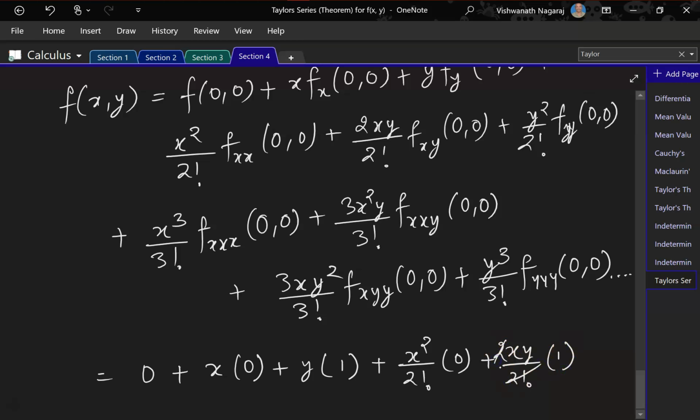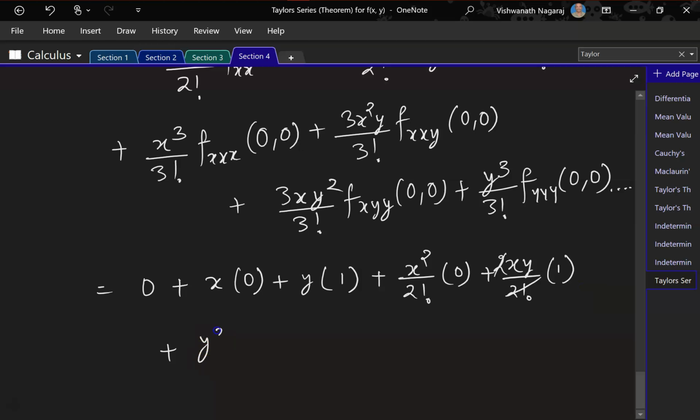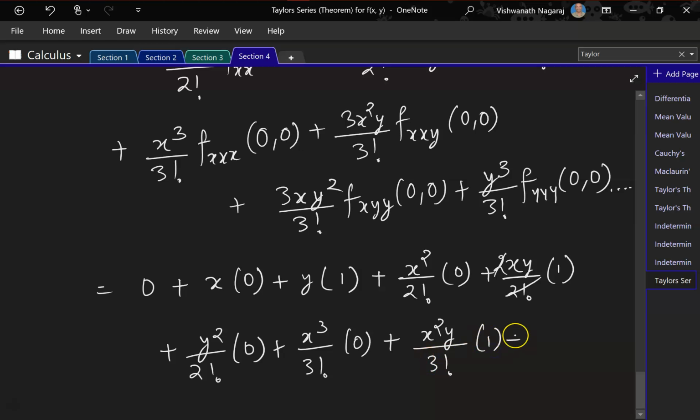So here 2 and 2 get cancelled, plus y square by 2 factorial times 0 plus x cube by 3 factorial times 0 plus x square y by 3 factorial times 1 plus xy square by 3 factorial times 0 and finally y cube by 3 factorial times minus 1 and so on.